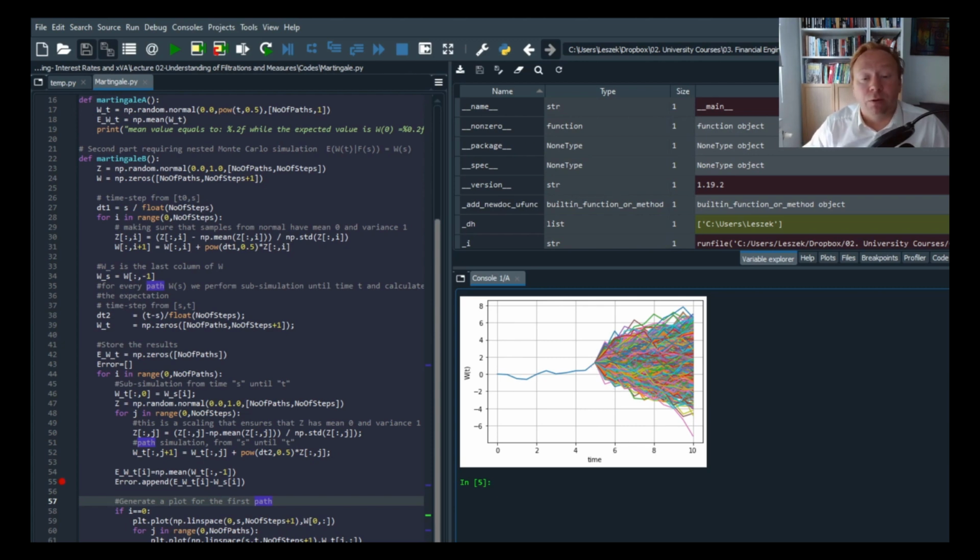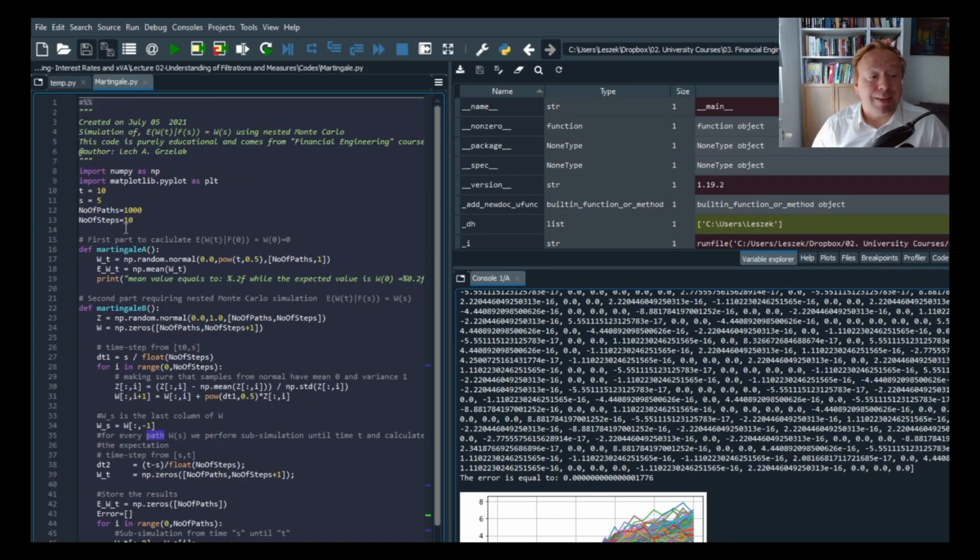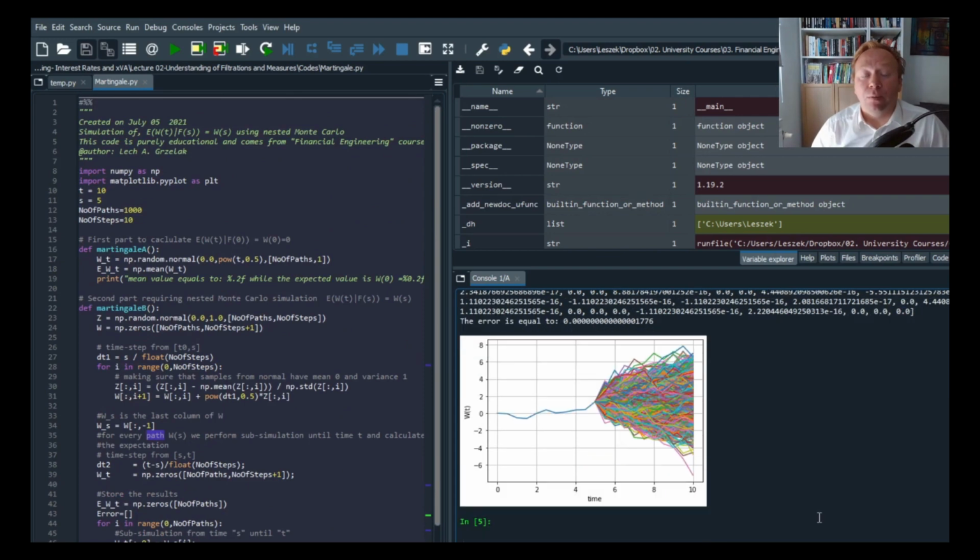Then we have to repeat this for as many paths as we had at time point s. Although simulation of Brownian motion is rather straightforward and cheap, conditional expectations require a nested Monte Carlo, which in this case means performing 1,000 simulations of Brownian motion, because for each path we have to do the nested simulation.